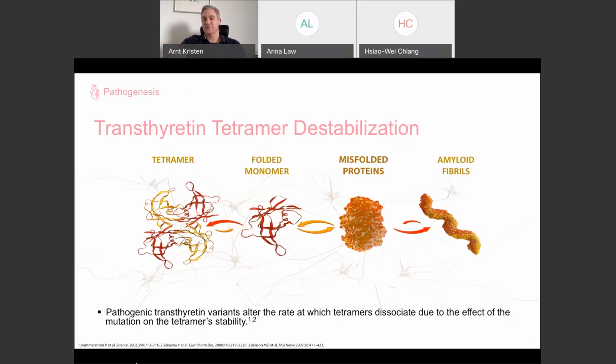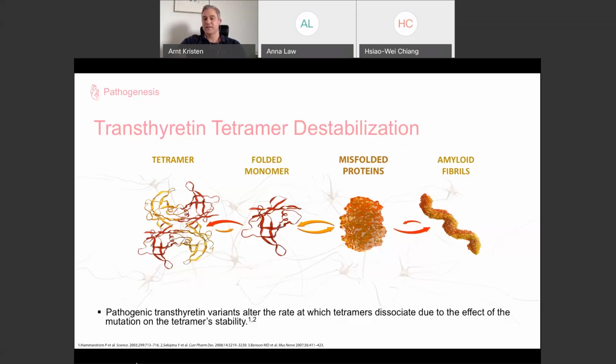This is the mechanism of the disease. And there is a small molecule that is capable to inhibit the TTR tetramer dissociation. This drug is tafamidis.